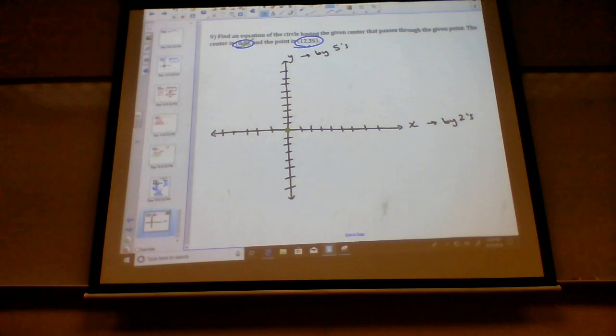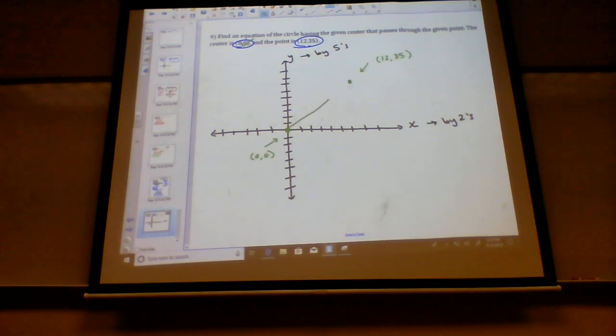So 2, 4, 6, 8, 10, 12, up 35: 5, 10, 15, 20, 25, 30, 35. Okay, so for me it's about right there. So this point is 0, 0, and this point is 12, 35.